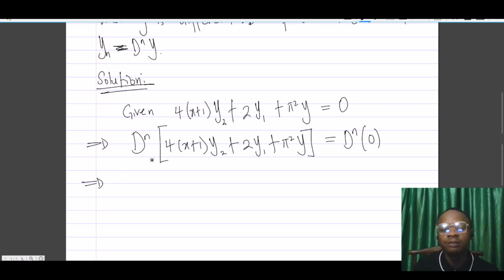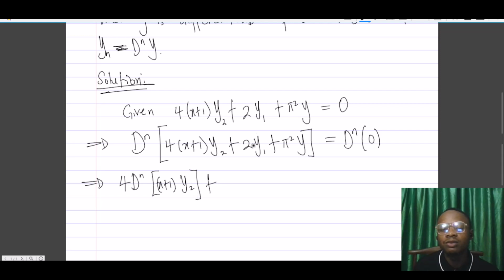And so we can separate this out. We know that the derivative of a sum of functions is just equal to the sum of the derivatives. So basically, 4 is a constant, we can move it out. So this is going to be 4 times d^n/dx^n of (x+1) y_2. All right.